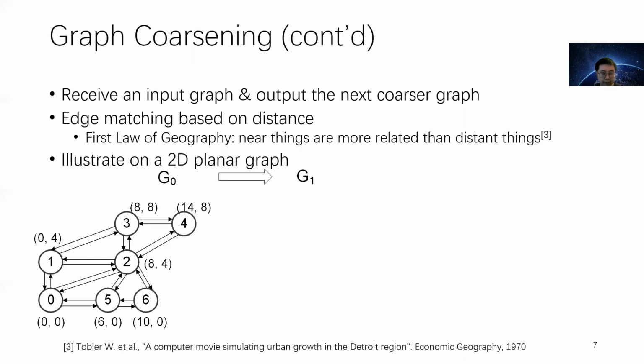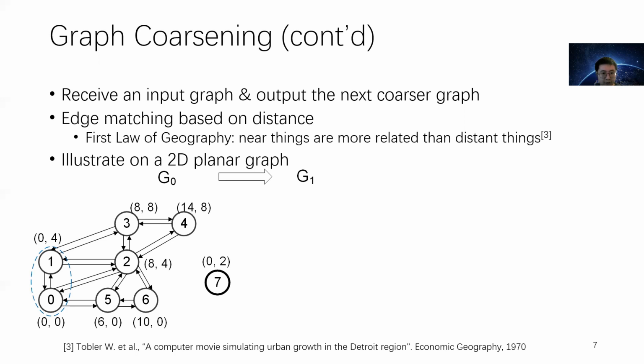Given a graph, all the nodes are initially marked as unvisited. We try to match a node that has not been visited with its nearest neighbor and generate one supernode in the next coarser graph. The supernode's position is the two matched nodes' midpoint. For example, here, node 0 is matched with node 1, and the supernode 7 is generated.